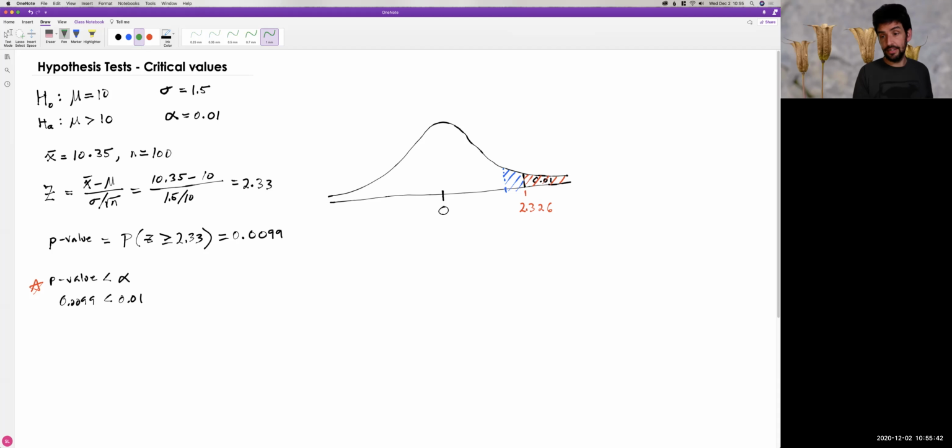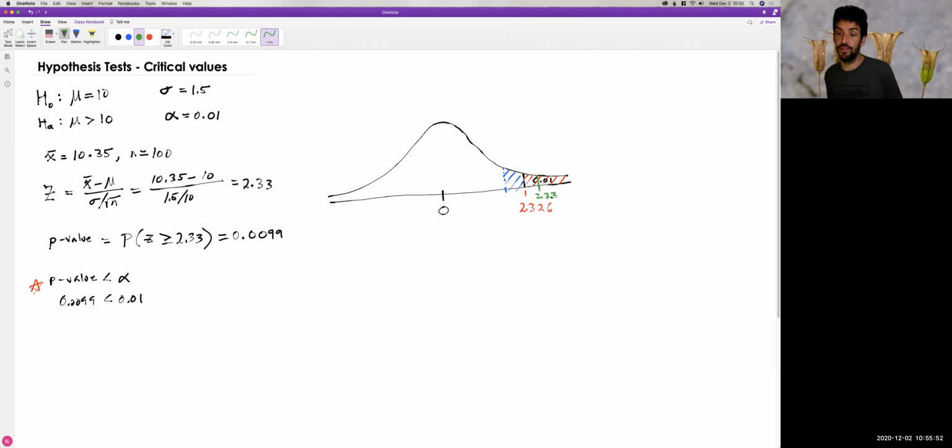On the other hand, like in this case, we got a number 2.33, which is just barely above that critical value, but it is above. That means the area above this has to be less than 0.01. Remember, 0.01 is the area above this black line, shaded in red.